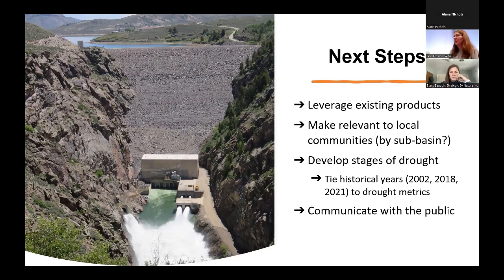We've got a couple of thoughts on pulling in some of that anecdotal information in a more streamlined or systematic fashion, so that we're capturing all of it and can feed it into the communications plan as well. We want to make sure we're getting things relevant to the local communities, especially as we develop our stages of drought and tie back historical years to those drought metrics in order to communicate with the public.